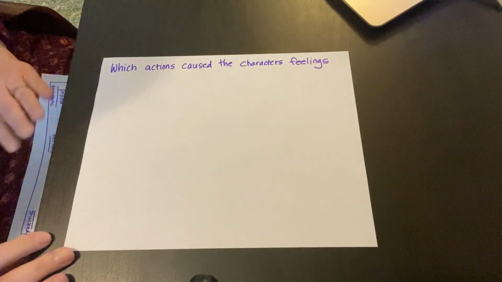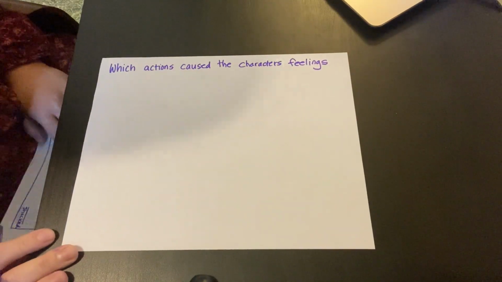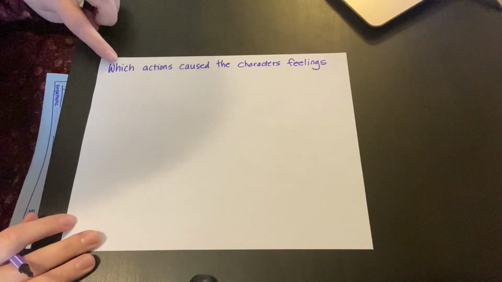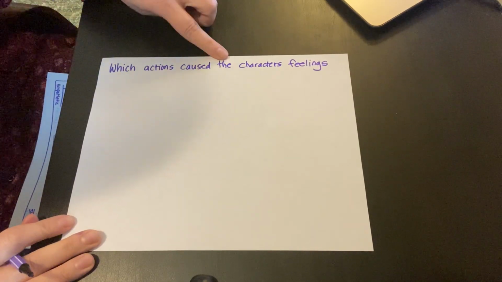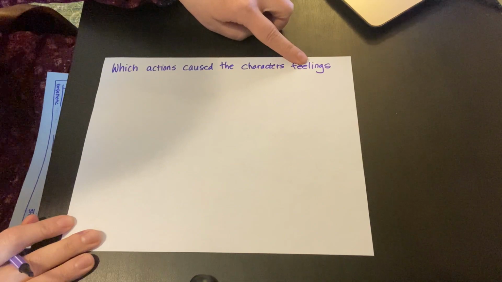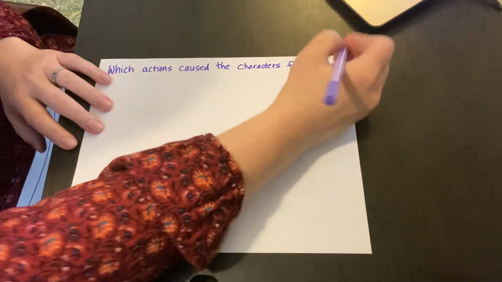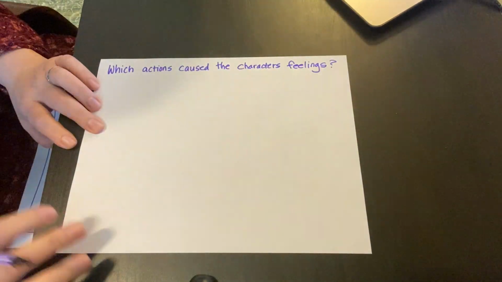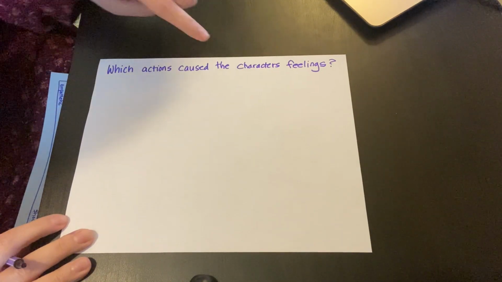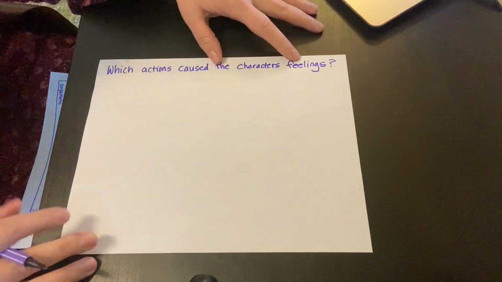And anytime I write, I do go back and reread to make sure that I have everything I want to say. Which actions caused the character's feelings? I did it again. I forgot that question mark. Question marks always go at the end of a question. So which actions caused the character's feelings?